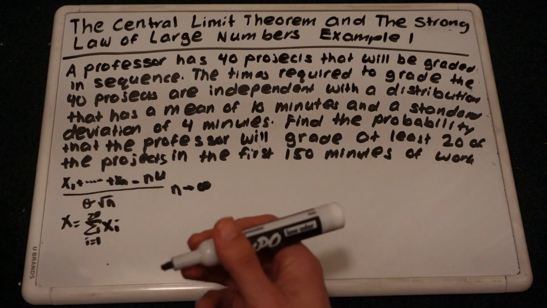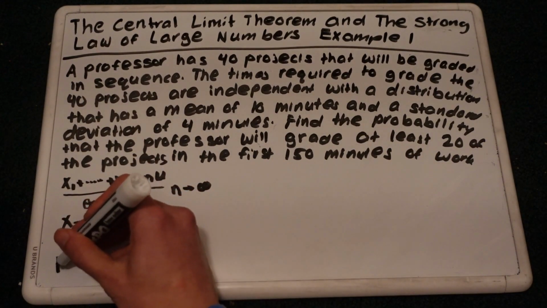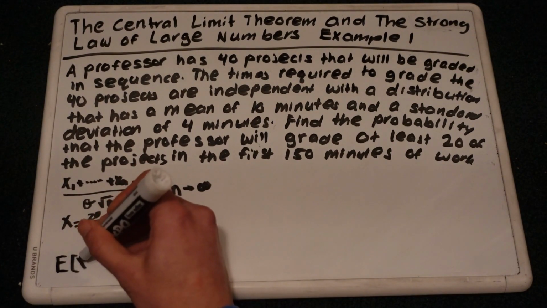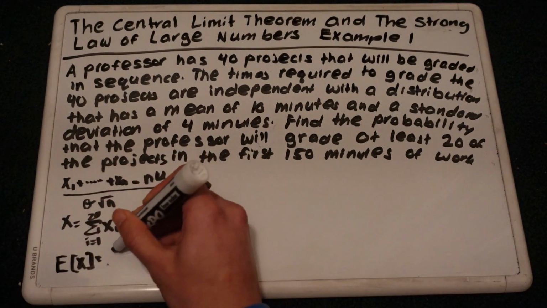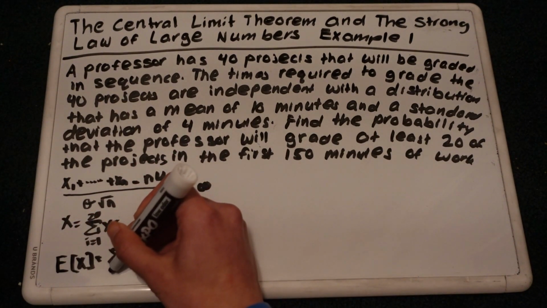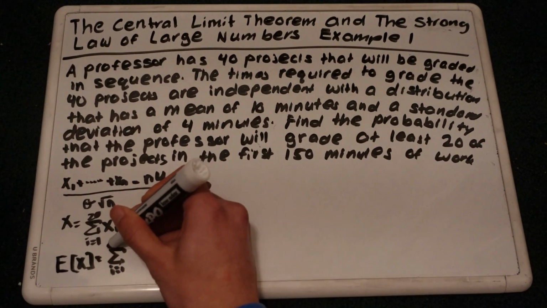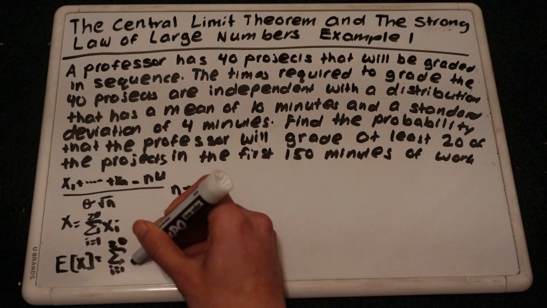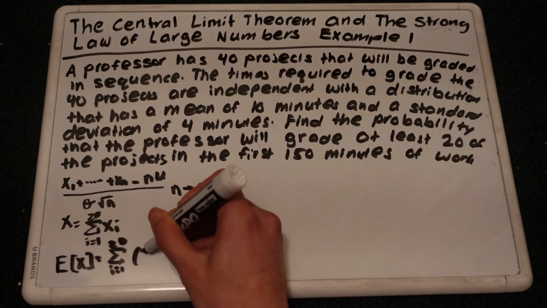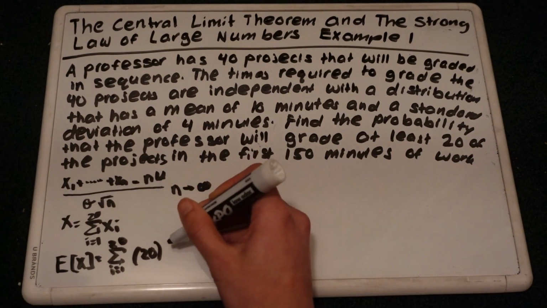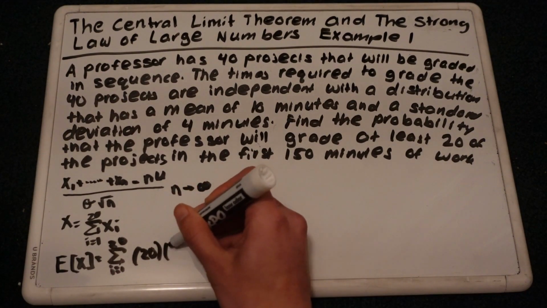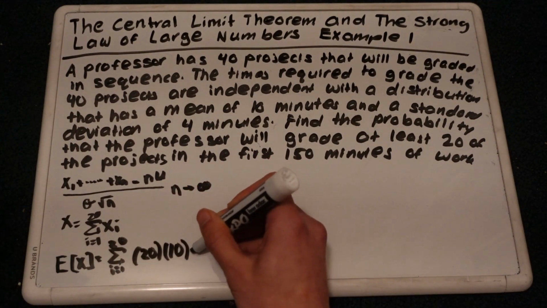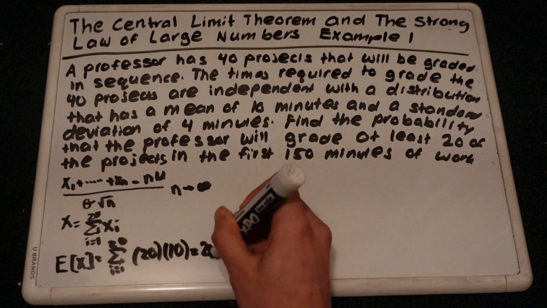So let me also find the expectation. And that would be 20 times 10, which is just 200.